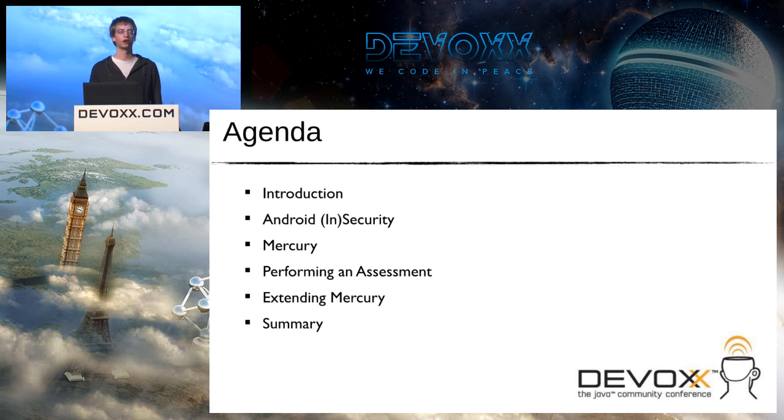And then we'll actually go through and perform an assessment against a number of applications that you can download from the Google Play Store and demonstrate some vulnerabilities and how you can exploit them to extract information from these applications. Then we'll briefly touch on how we can extend Mercury and fit it into our development workflow to help us automate tasks.